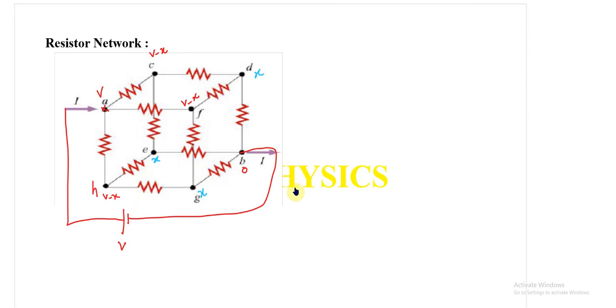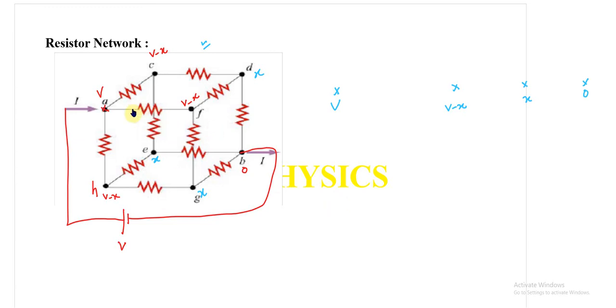Now what I'm going to draw is a very important thing. Whenever you are able to get the potentials of these points by this method, apply this trick. I write the first potential V. Then the next potential V minus X, then the next potential X, and the last potential 0.